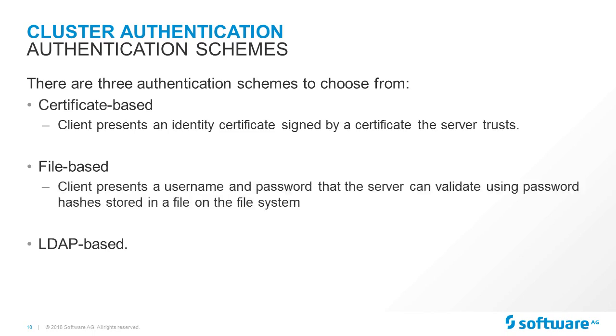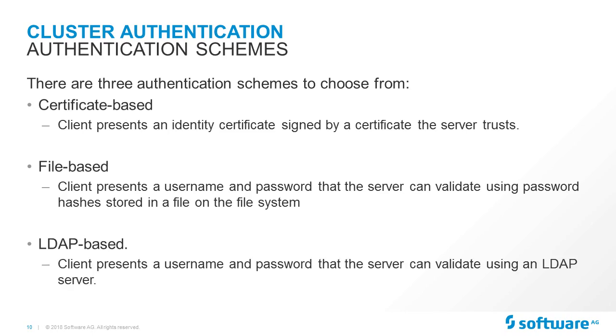With file-based authentication, the client presents a username and password pair, and the server validates the password against a password hash stored in a file on the file system. With LDAP-based authentication, the client again presents a username and password pair, but the server validates that username and password pair using an LDAP server.